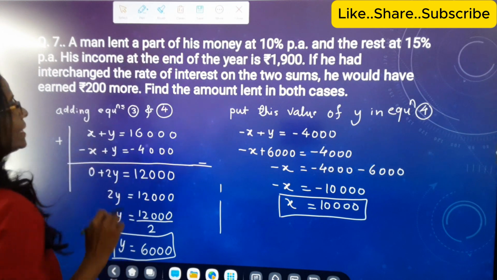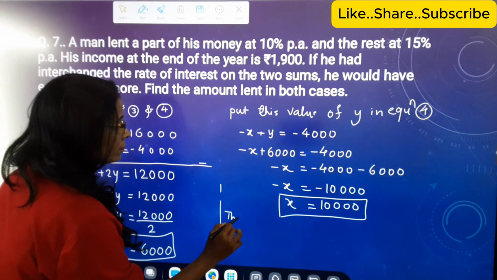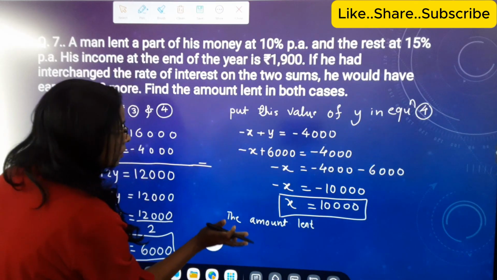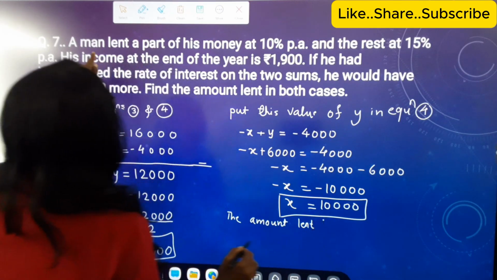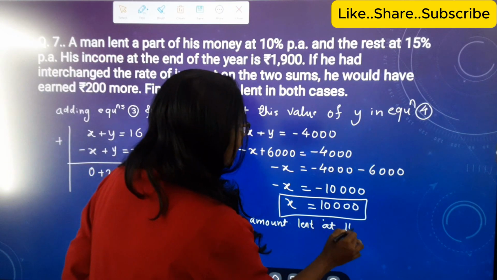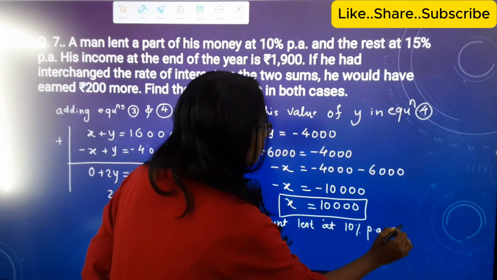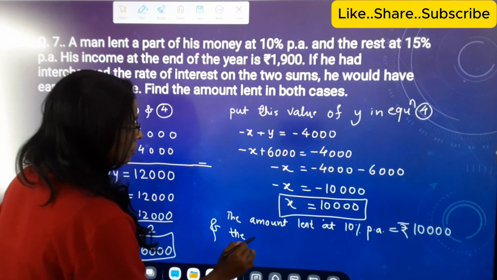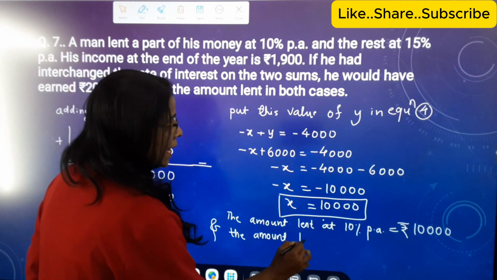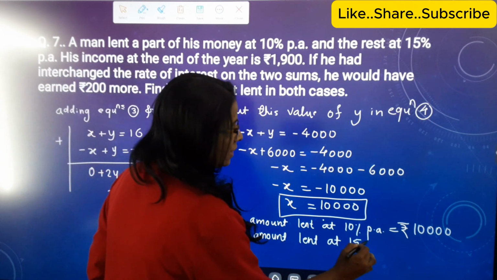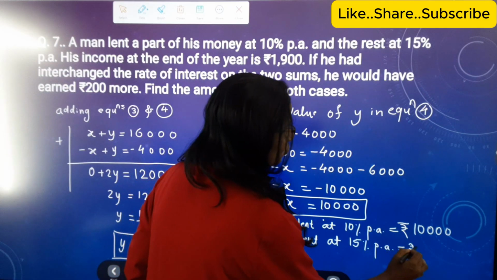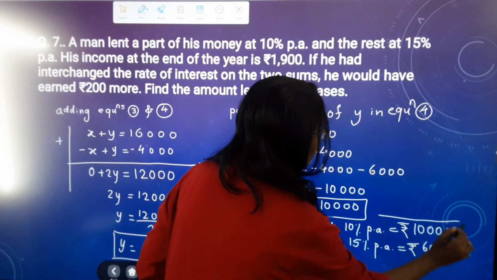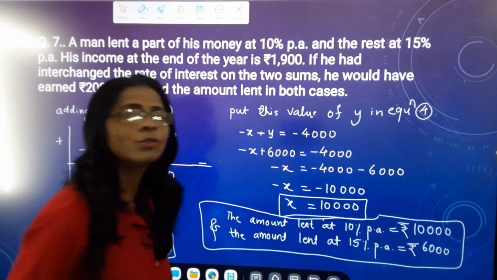So that means we can say that the amount lent at 10% per annum is equal to rupees 10,000, and the amount lent at 15% per annum is equal to rupees 6,000. Okay. So this is our answer.